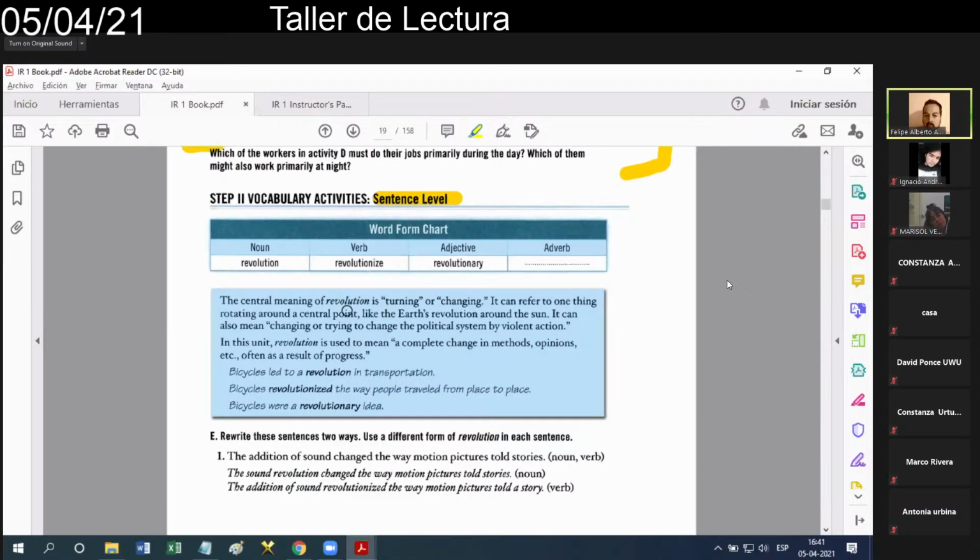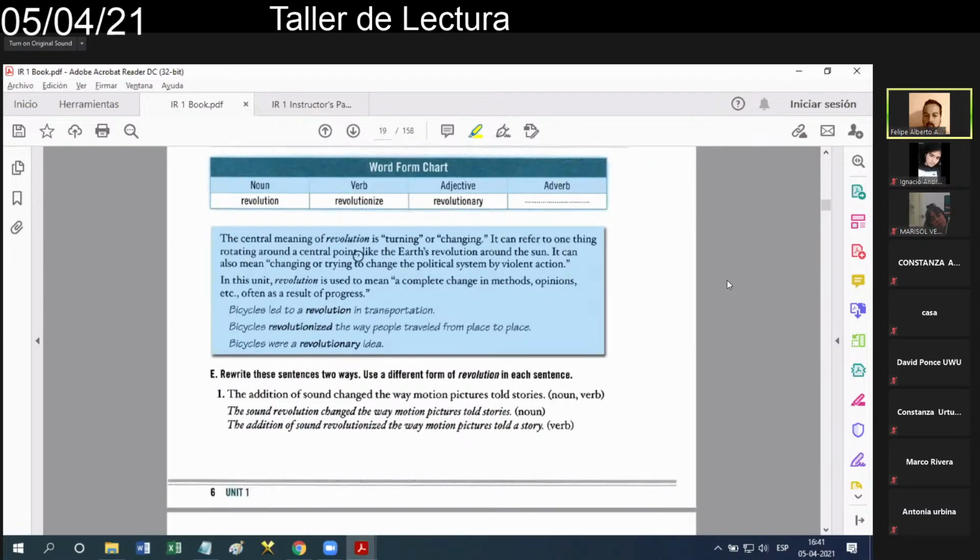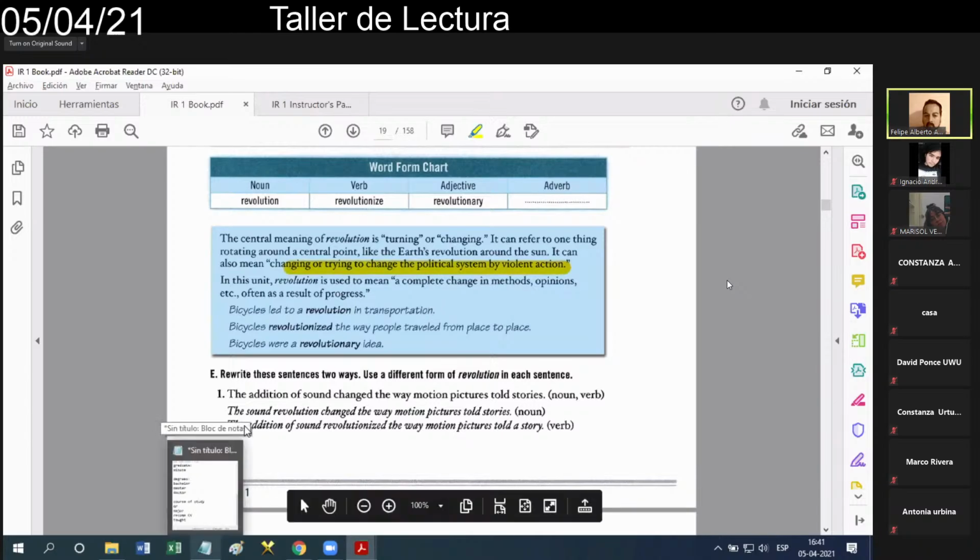The meaning of this is to turn or to change. It can refer to one thing, like Earth's revolution around the sun. It can also mean to change or to try to change the political system by violent action. This is the most common meaning, like an uprising or an upheaval.